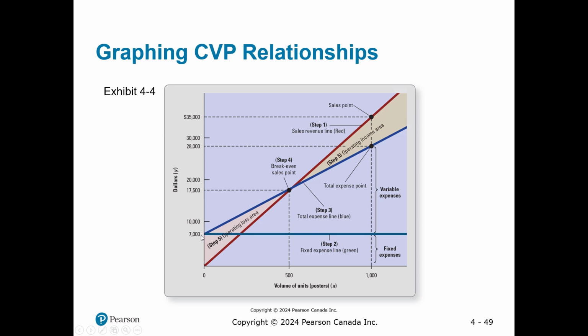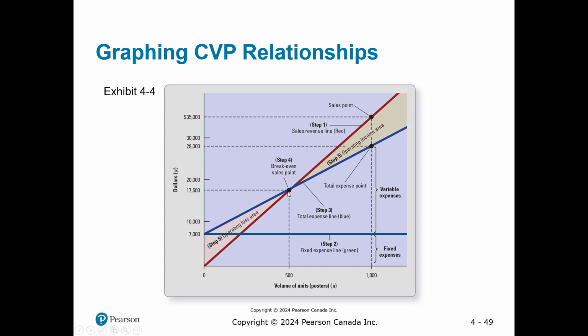And notice the intercept is at the 7,000, which is the fixed cost. So you can see that fixed cost is straight. Break even is where the total cost line and the total revenue line intersect. That makes sense. This is the break even in sales dollars, 17,500. We calculated that. This is the break even in units, 500 units.